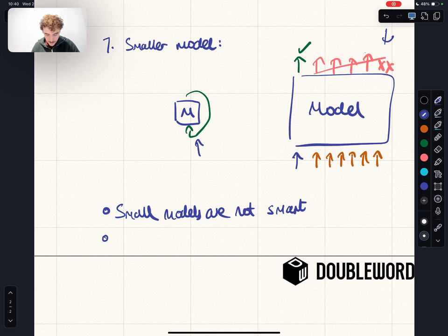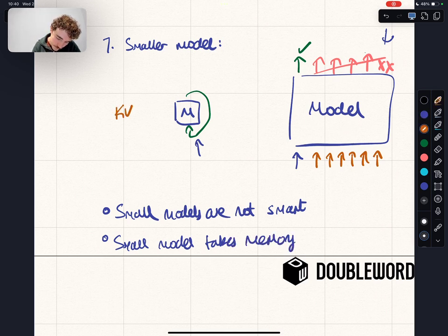Another thing to consider is that the small model takes memory. The small model has its own KV cache. It maybe has its own GPUs. And these are GPUs and memory and KV cache taken away from the big model. So if you're not generating a lot of accepted tokens, you're hurting your big model's performance, where it could have been using the bandwidth and the flops and the VRAM from these additional GPUs that the small model is using.